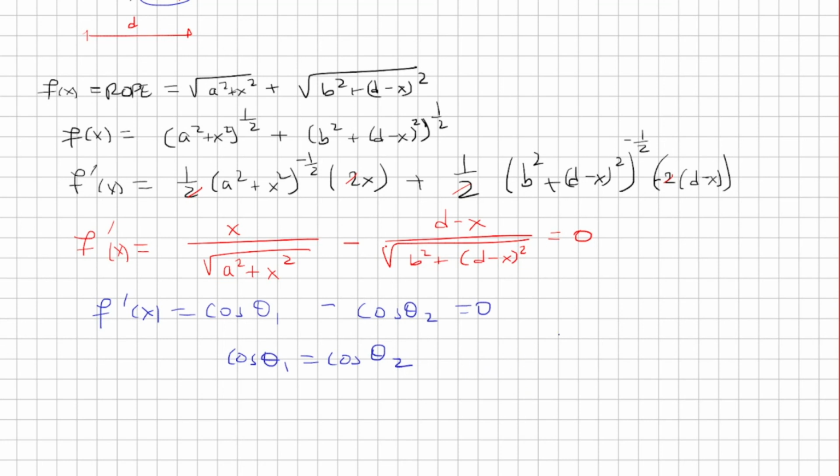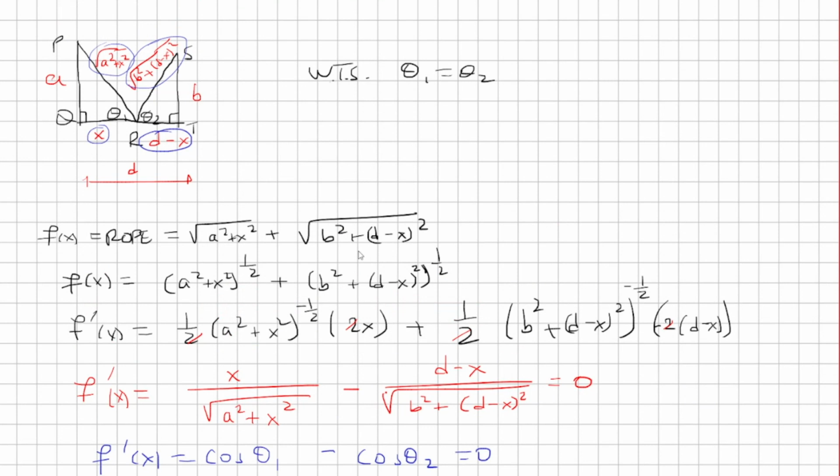Okay, when is cosine equal to each other? If I have the cosine of an angle equal to the cosine of another angle, when are they equal? But before I answer this, we want to make sure that theta 1 and theta 2 have to be between 0 and 90. Why am I saying this? We have a right triangle. That means this angle plus this angle have to equal 90. Same thing with this: this angle plus this angle have to equal 90.